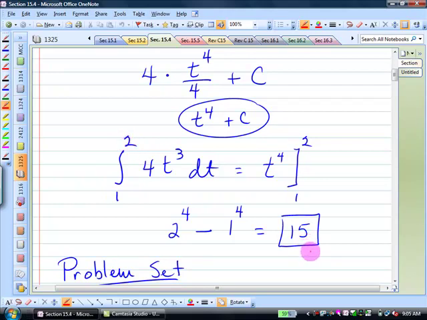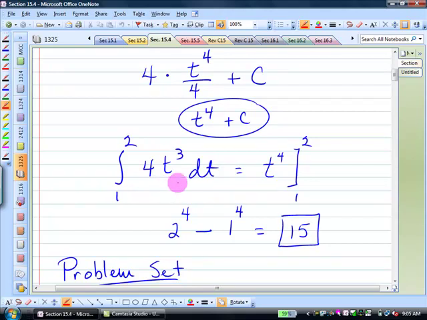Now, let's see how to do that on the calculator. Some of these I'm going to ask you to work out and show all the work. Some of them you will be able to use the calculator, so we need to know how to do that. So we're going to work that same problem, this one right here, on the calculator. Everybody got a calculator? Okay, you know, with numerical derivatives, we did Math 8. Now it's Math 9. So choose Math 9. And you're going to put in the function first, like we did in Math 8.